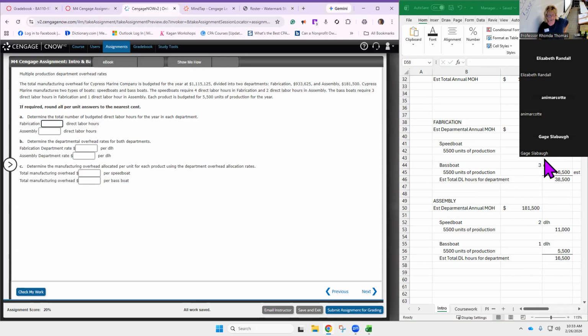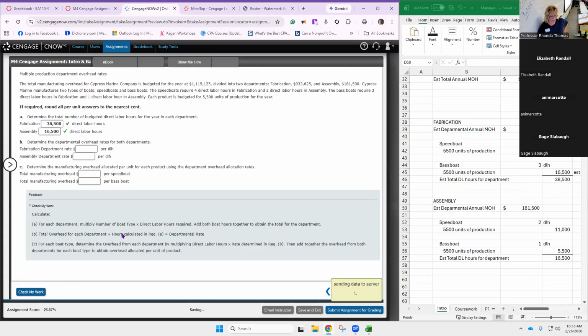It looks like it takes longer in fabrication to make these boats than it does assembly. Let's put our direct labor hours in for fabrication, 38,500, and then assembly is 16,500. Let's see if we're right. Hopefully so, because we need these direct labor hours to now come up with a rate.